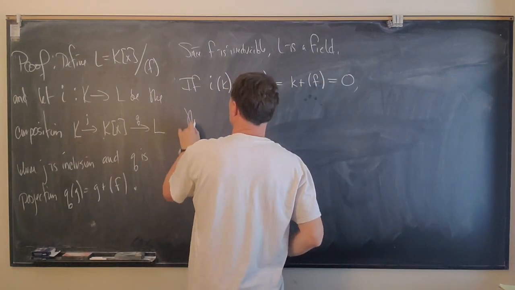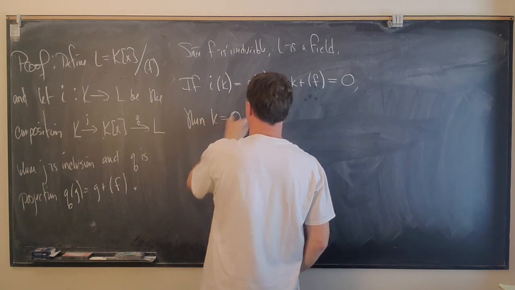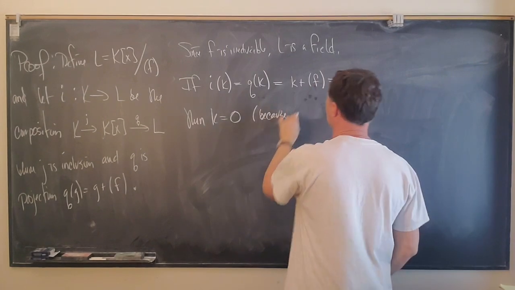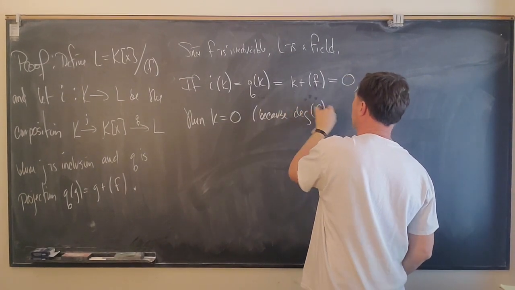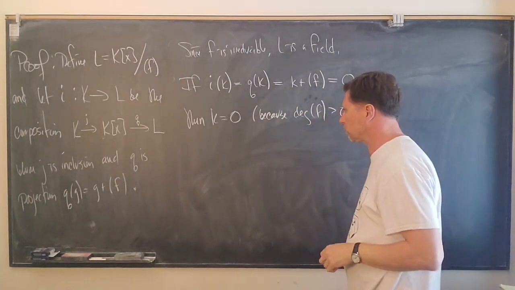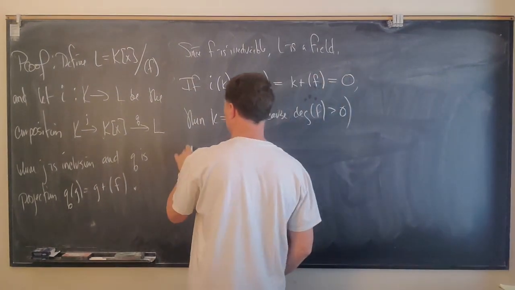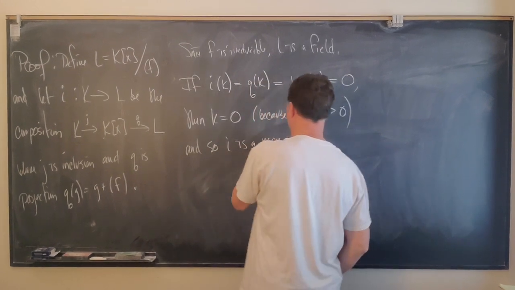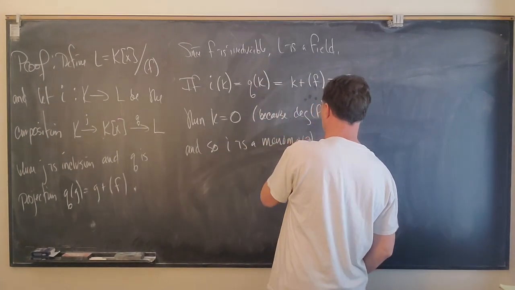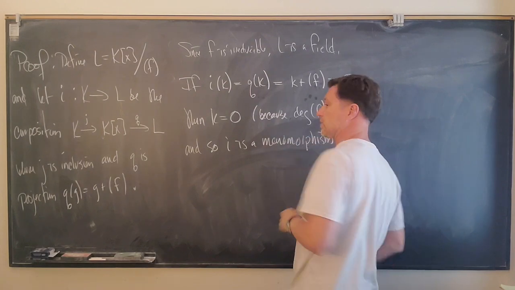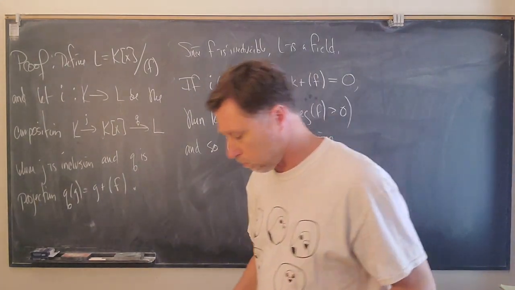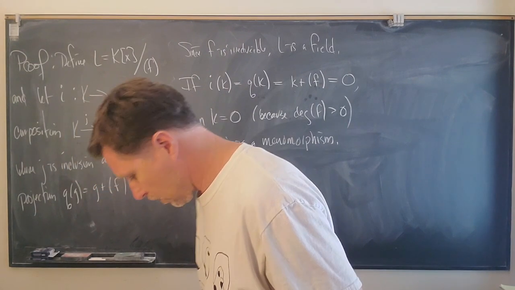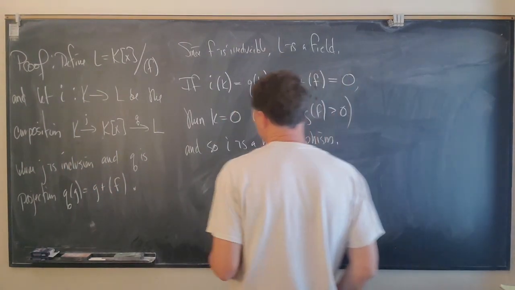So then k equals 0 because the degree of f is greater than 0. And so I is a monomorphism.